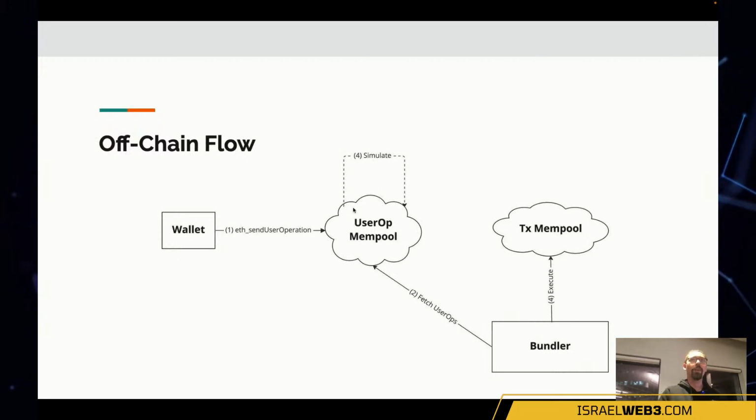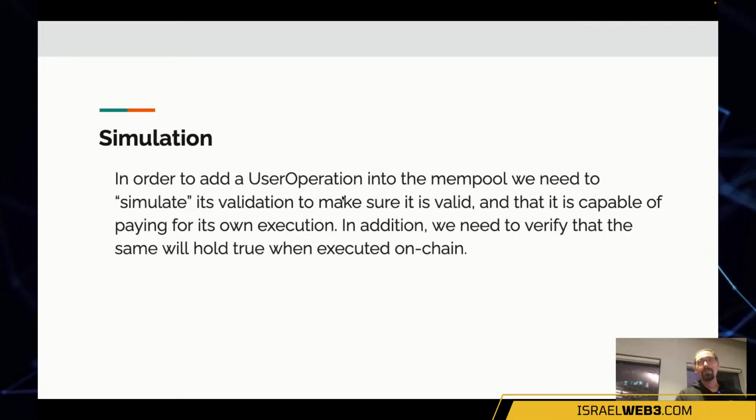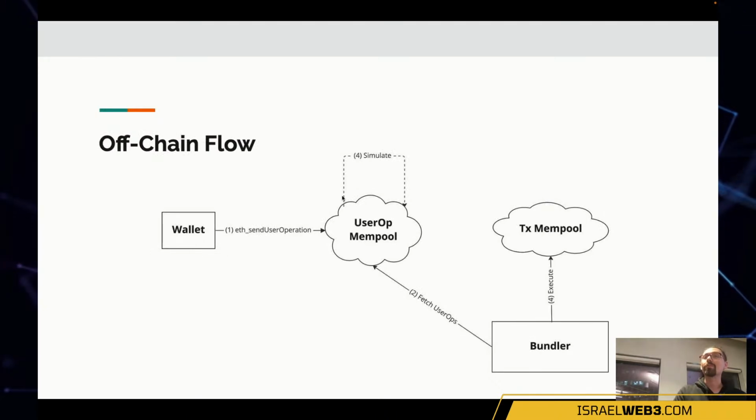The simulate stage will fail. What if it happens between blocks, between simulate and execute? How is the bundler guaranteed to receive the gas?